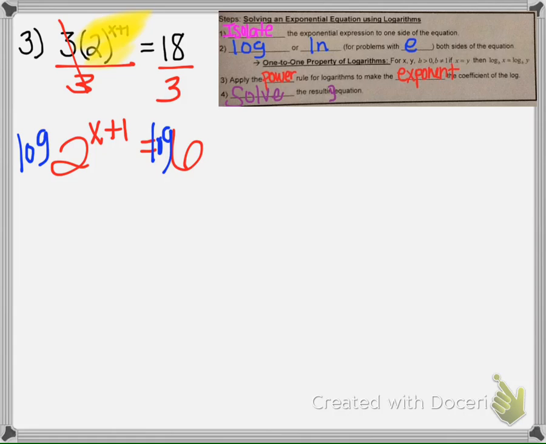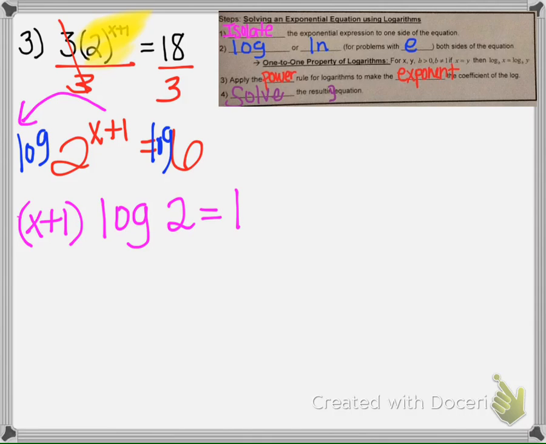And then step 3, if there's an exponent, we're going to bring it to the front. So we'll have, and we need to put parentheses around it because the x plus 1 is together. Okay, then step 4 is solve the resulting equation.